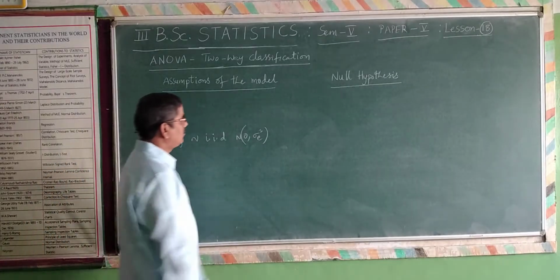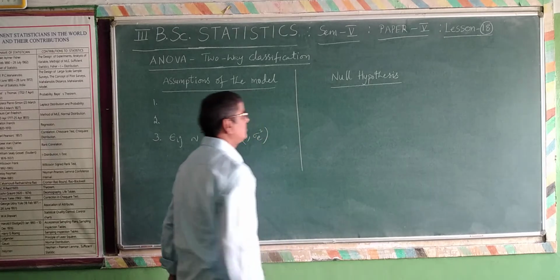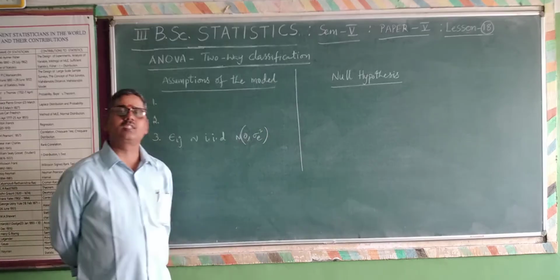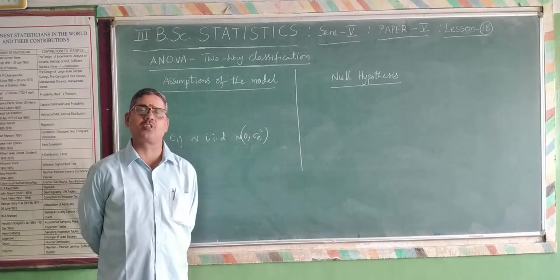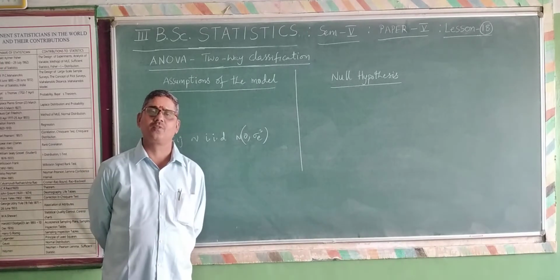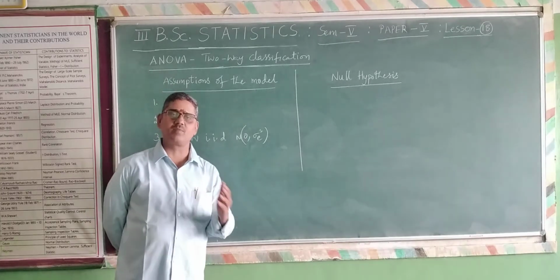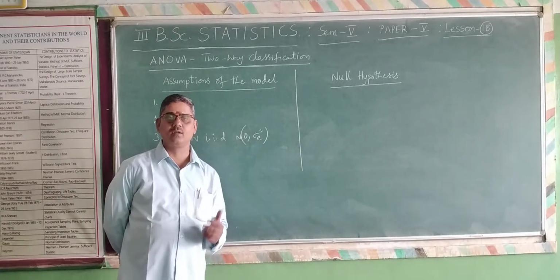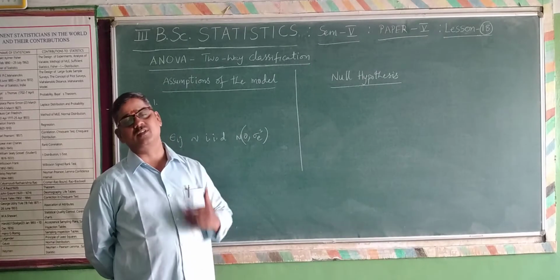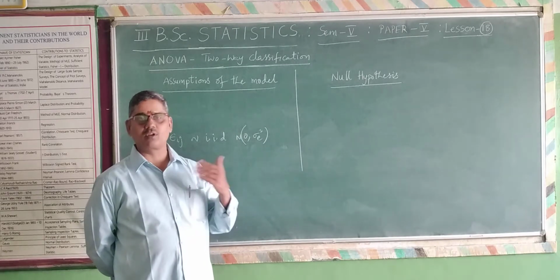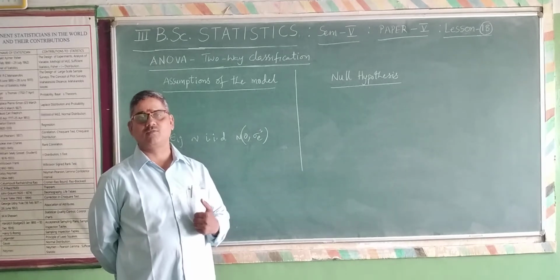Alright? Coming to the part of null hypothesis. We have to consider the null hypothesis, a certain statement about the population with a null attitude. It is going to be considered for the two factors separately, treatments and varieties. For treatments we consider one null hypothesis, and for varieties another.